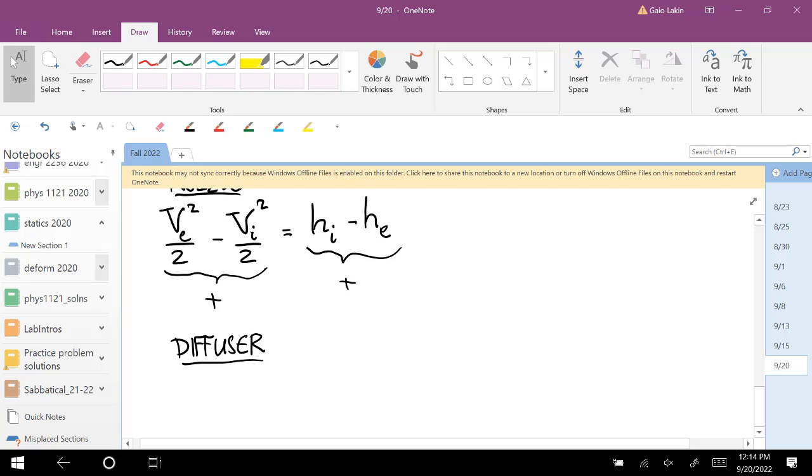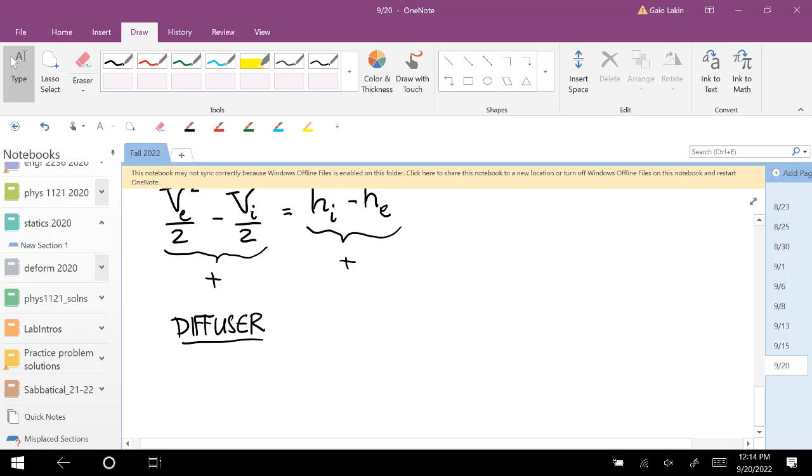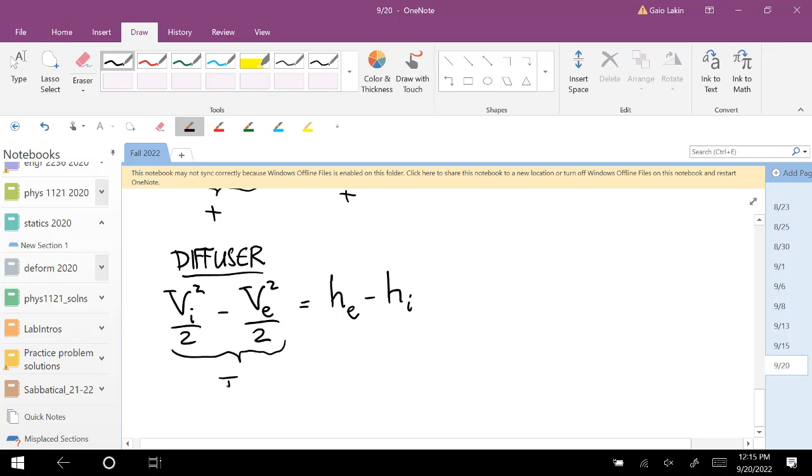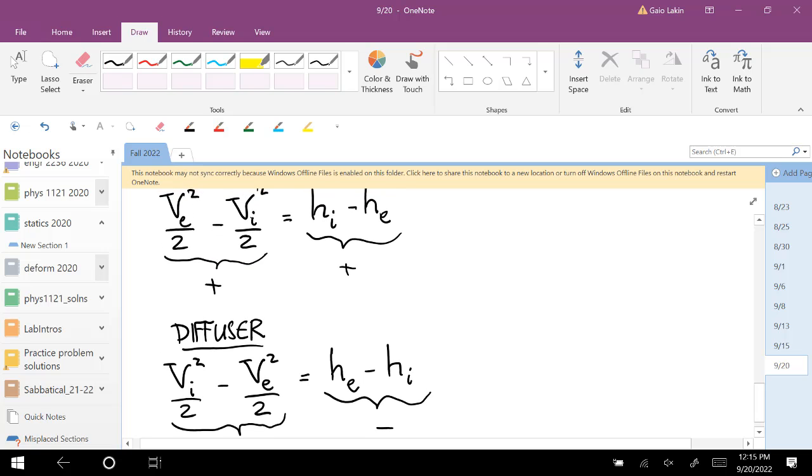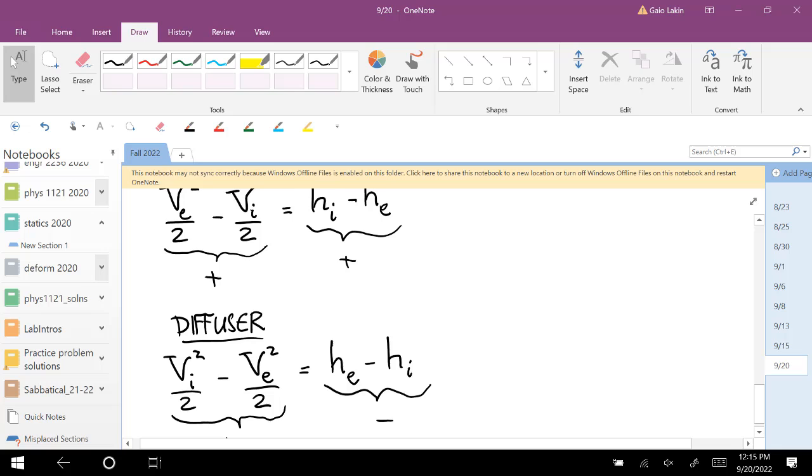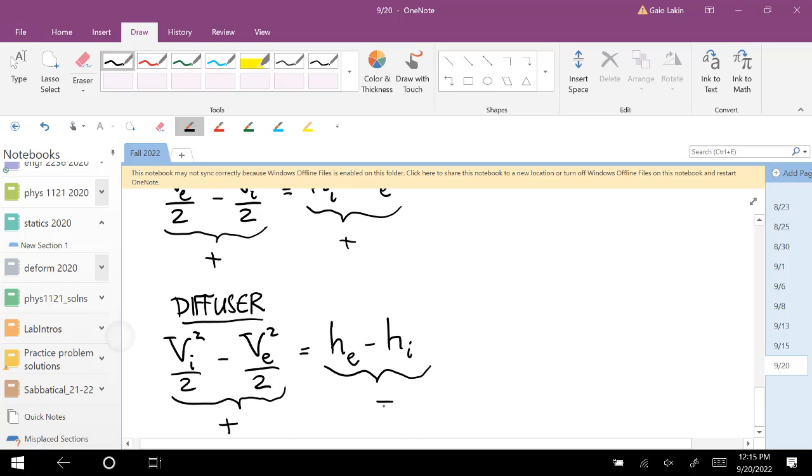So if you move everything over to the other sides, you could just switch the order of these. So VI squared over 2 minus VE squared over 2 is equal to HE minus HI. And for a diffuser, each of these is positive.